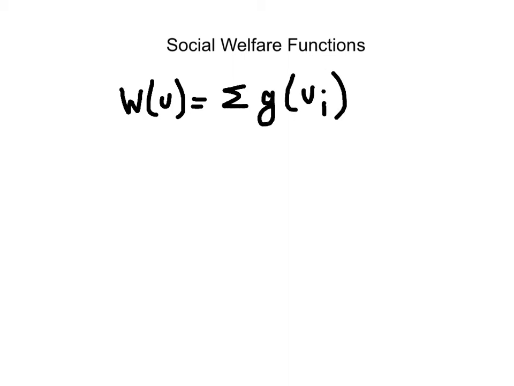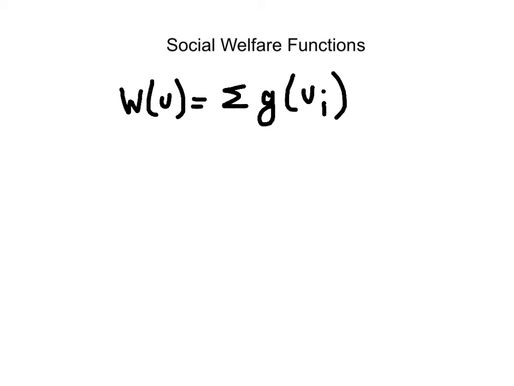And finally, we have the generalized utilitarian social welfare function, which takes the form that it is equal to the sum not of individual utilities, but rather the sum of a function g, which is defined over individual utilities, where the function g is concave and increasing.